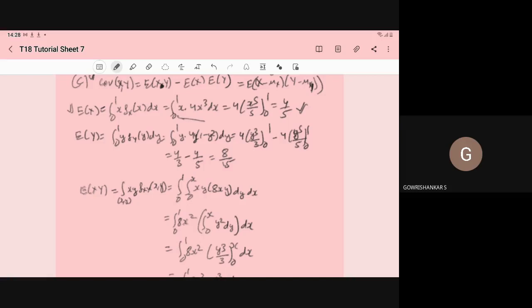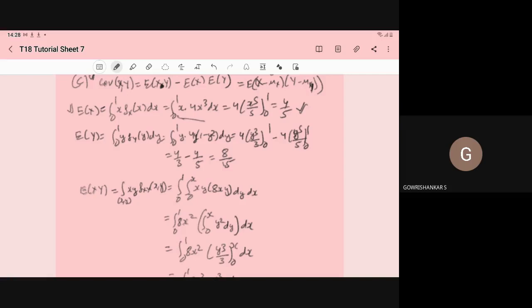Then we compute the E of xy, the expectation of xy. You know that we have the value into probability. So integration over the x and y of xy into fxy. Here we have the integration over the x and the integration over the y.